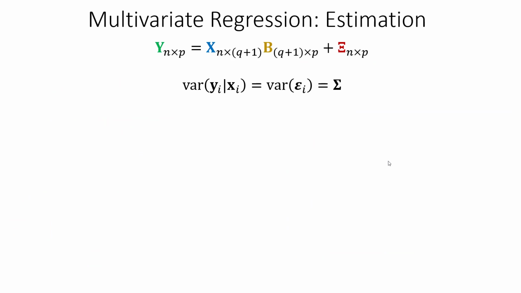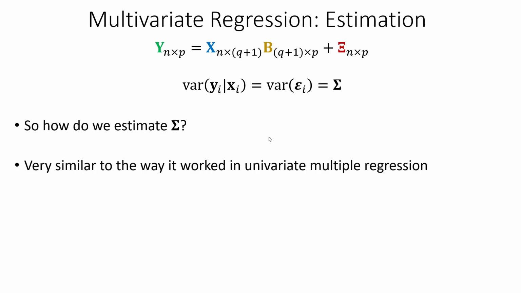We have one last thing we need to estimate: the variance of any one observation, given we know what their explanatory variable is. So essentially we need to estimate what sigma is. This is going to look exactly the same as the situation we had when we were looking at MANOVA.